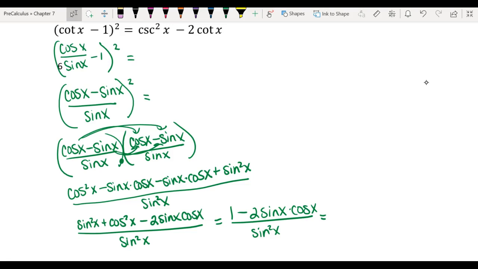They split it up next. They said, not only can I put fractions together when they have common denominators, I can split them back up and put them back to common denominators. So I can write 1 over sine squared of x minus 2 sine of x cosine of x over sine squared of x.